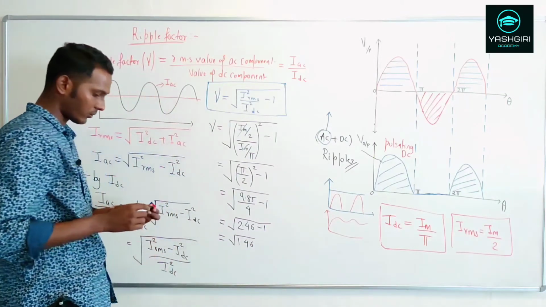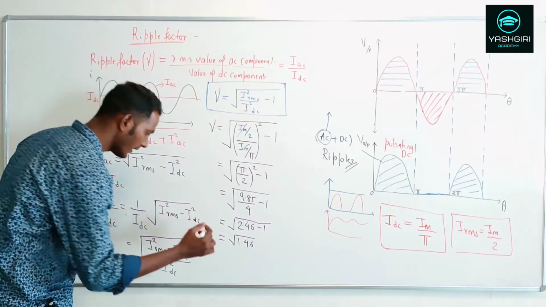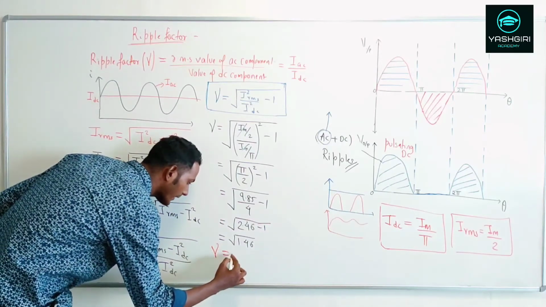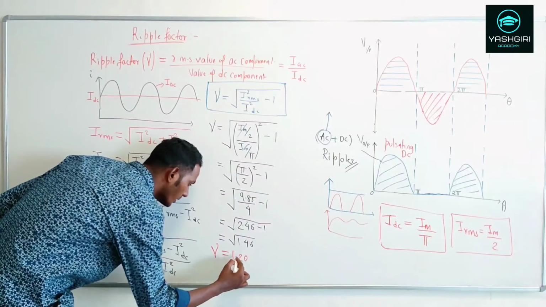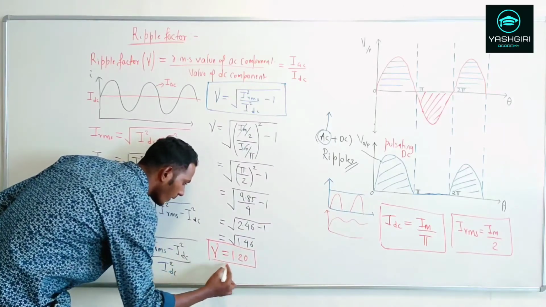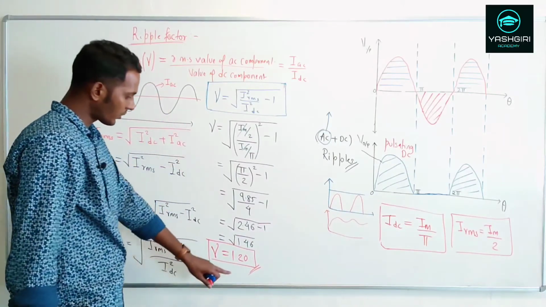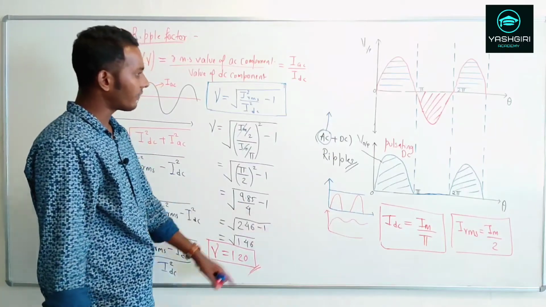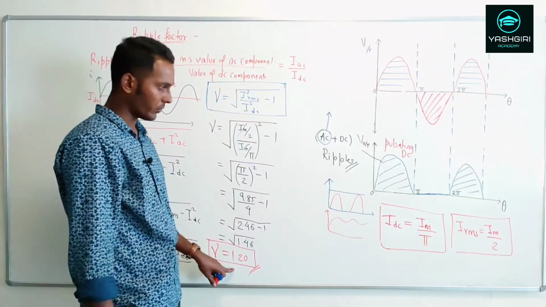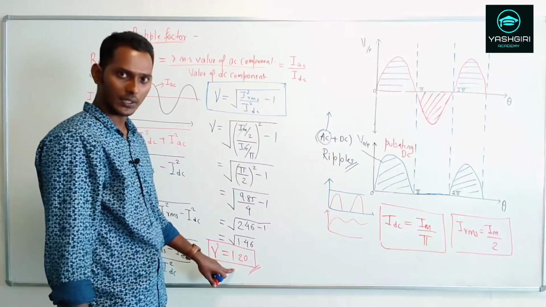And the square root of this 1.46, the final value of the ripple factor, I'll get as 1.20, close to that. So that's the ripple factor for the half wave rectifier. The value is 1.20, which is very large.